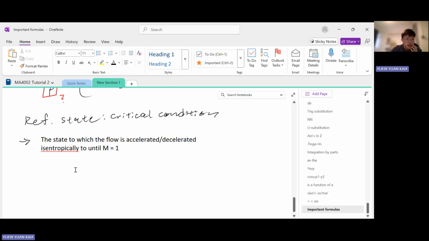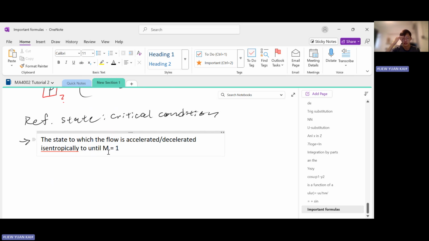The definition of critical condition is the state to which the flow is accelerated or decelerated isentropically until it reaches M equal to 1. So the sonic condition, when the velocity of the fluid is exactly the speed of sound. You could have a gas below the speed of sound, so you need to accelerate it to Mach number equal to 1.